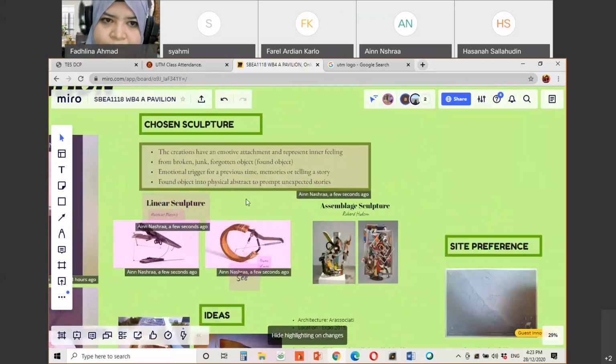Okay, this is the chosen sculpture that I choose, which is the linear sculpture and the assembly sculpture.